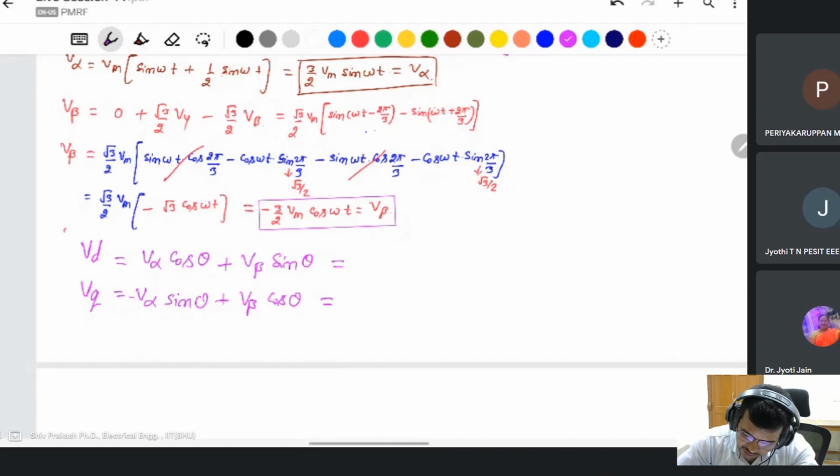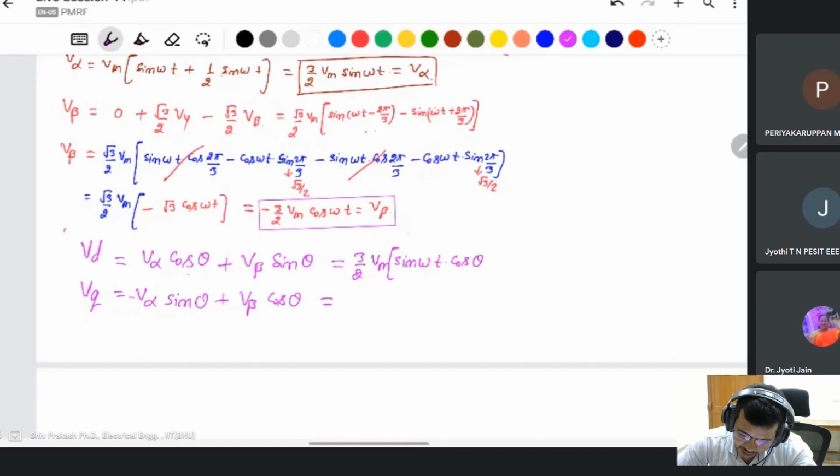V alpha is 3 by 2 Vm sin omega t into cos theta. V beta and V alpha both have 3 by 2 Vm, so I take 3 by 2 Vm common. Here V alpha gives cos theta.